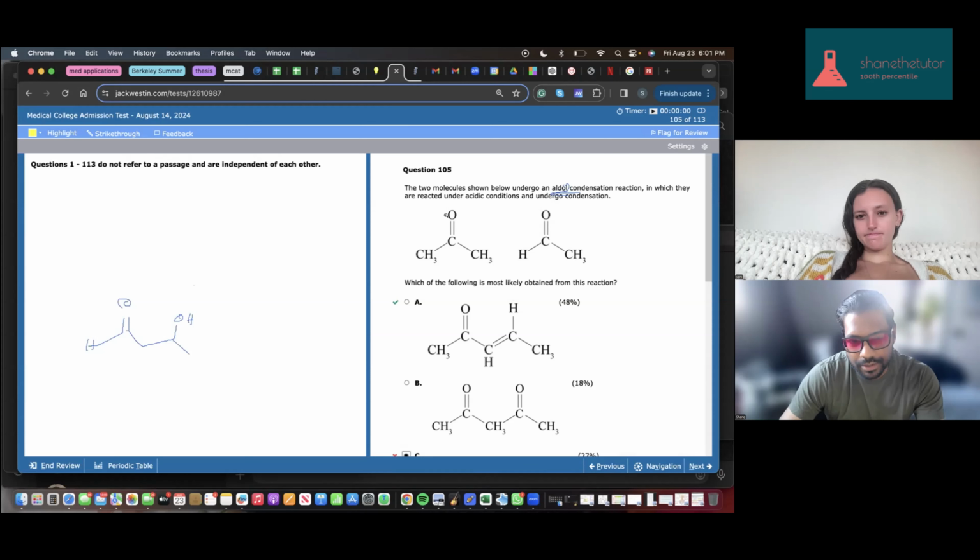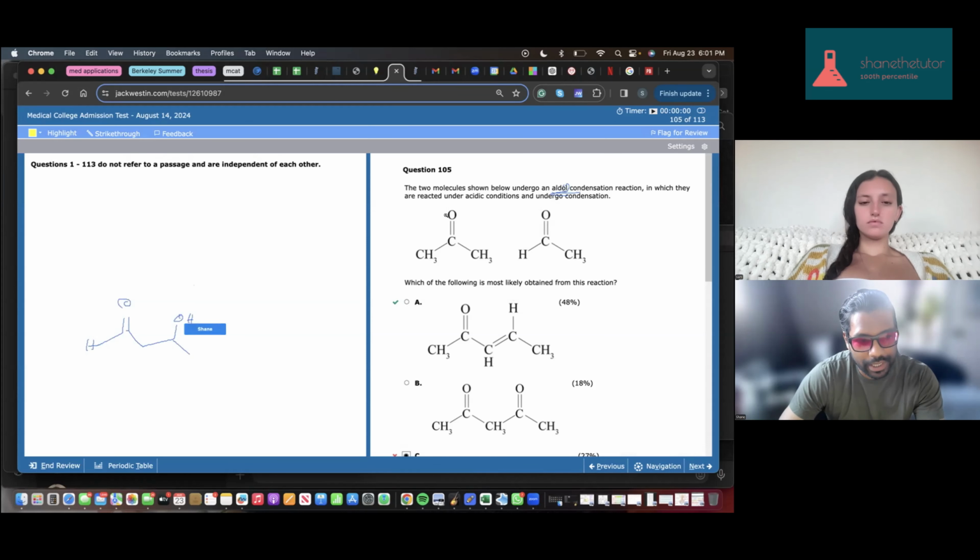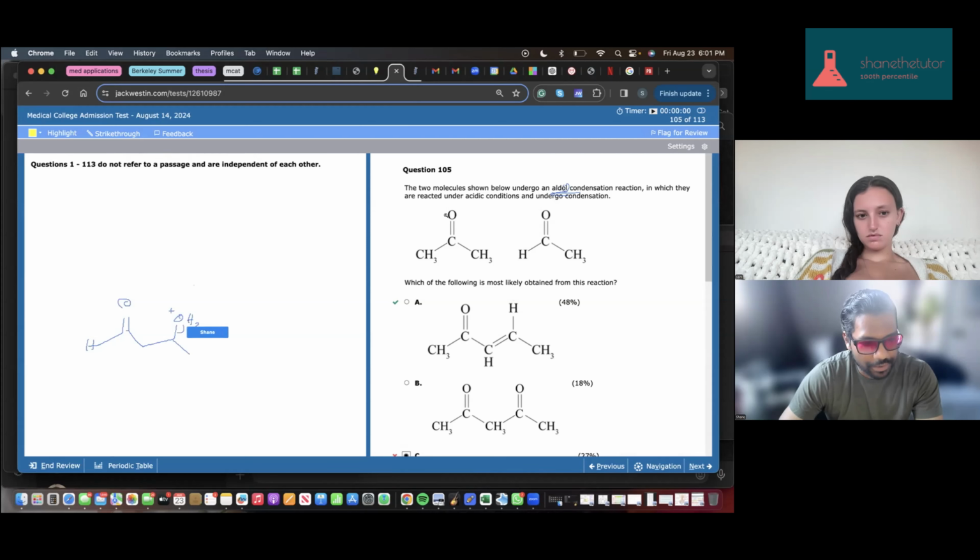For instance, if we had an acid, we can protonate the OH group to be like this, OH2 positive, and then this can leave because it's just water, and the electrons can go and make a double bond there.